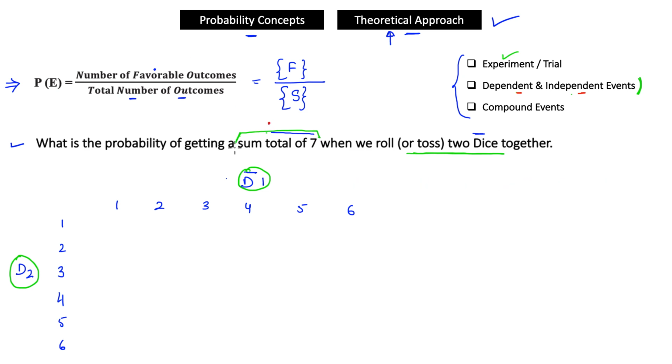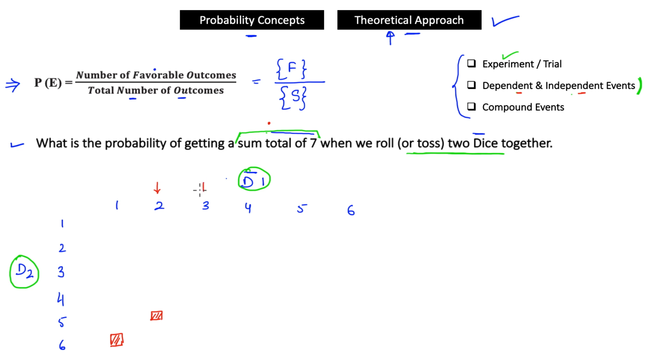Now let's get to our desired outcome. We want a sum total of 7. And in how many ways could you get that? Well, if the first die results in a 1 and the second die results in a 6, only then you could get a sum total of 7, right? So that's one possible outcome. And likewise, if the first die results in a 2, then the only possible way I could get a 7 is if the second die results in a 5. So that would be my next possible combination.